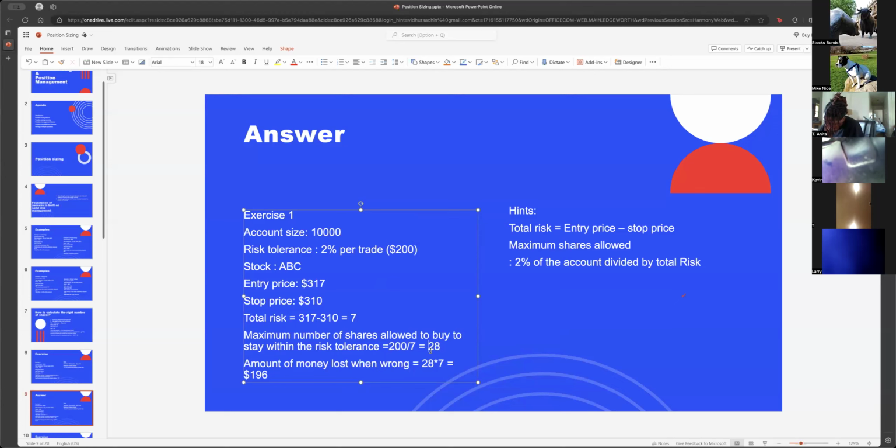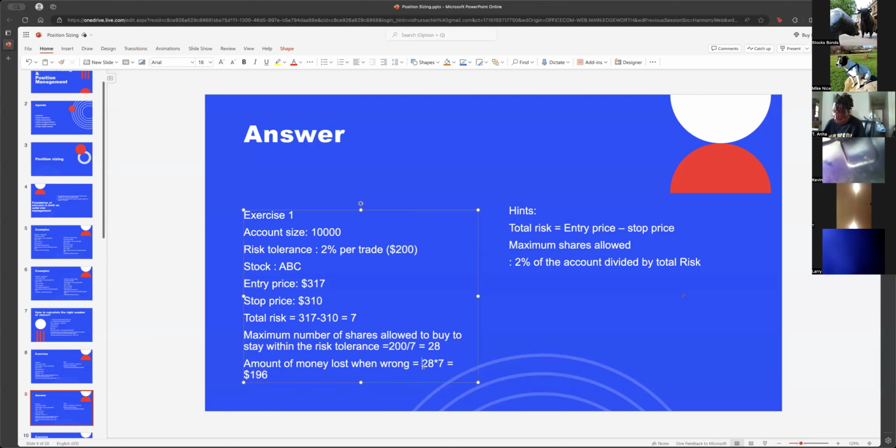So how much money will you lose if you get stopped out? In order to calculate it, it's pretty simple. With 28 shares, if it drops $7 from your entry, you're going to lose $196, which is less than 2% of your entire account. So how did I get to this 196?